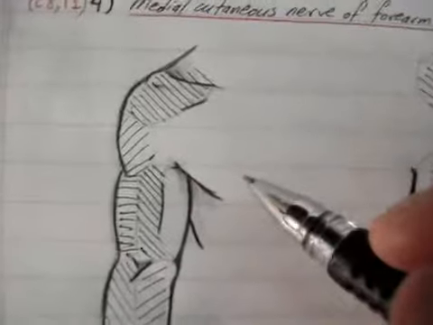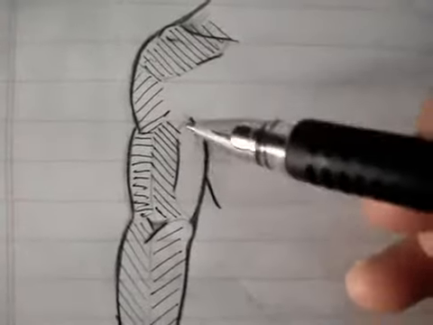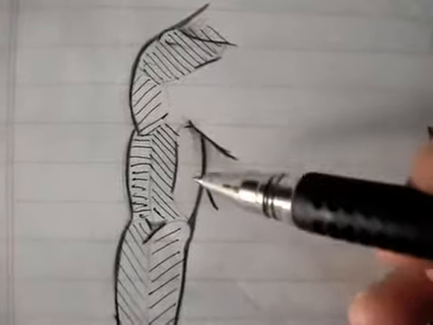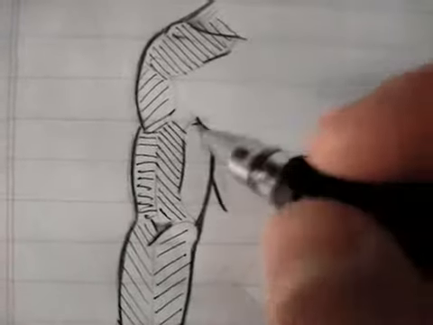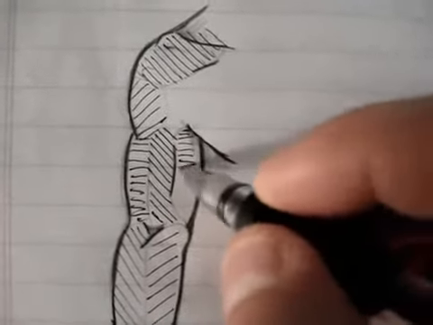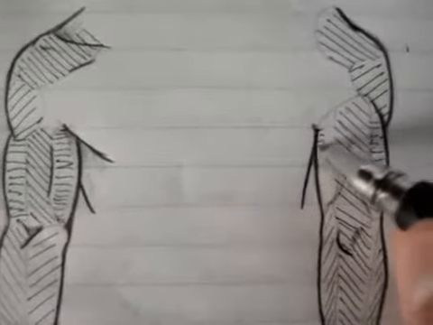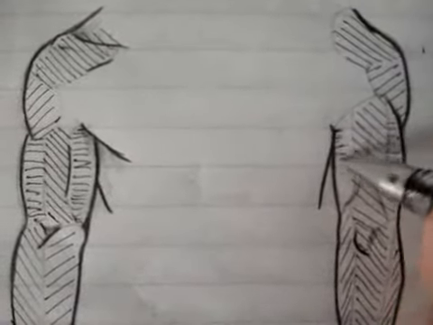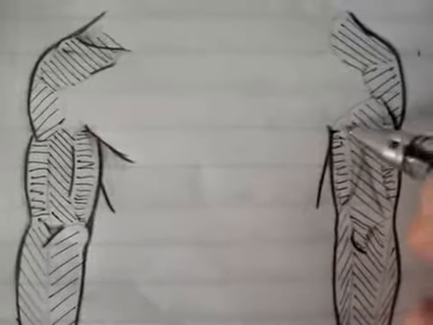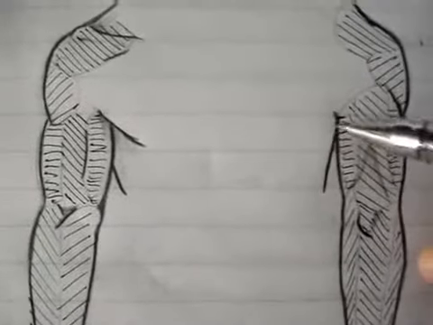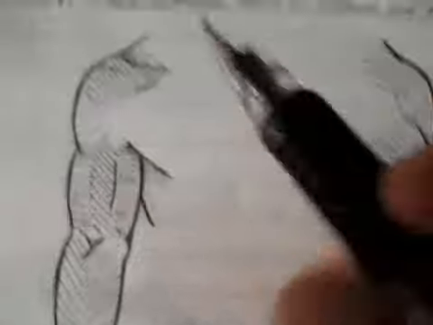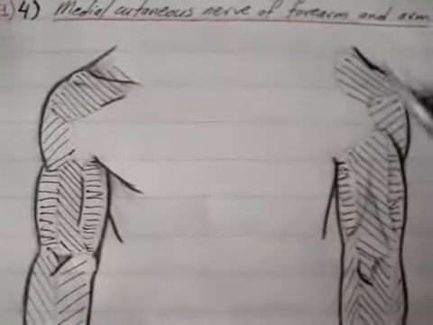And the intercostobrachial nerve from the lateral cutaneous branch of the second intercostal innervates this area here, the most medial side of your arm. Okay, the most medial side here, and also on the back you can see it. Intercostobrachial and supraclavicular.